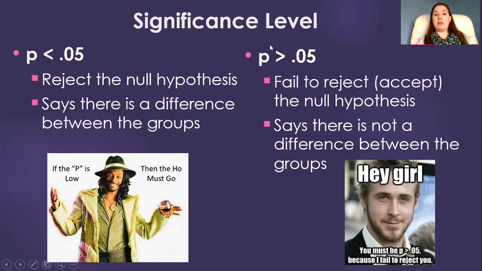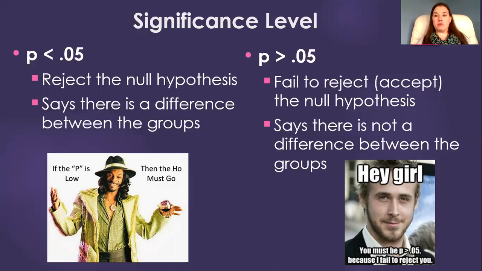Alternatively, our analysis might reveal that the p-value is greater than 0.05. If that happens, then we are failing to reject the null hypothesis. Fail to reject essentially means we're accepting the null hypothesis, but there's a lengthy explanation in statistics world about why we can never actually accept the null hypothesis, but only fail to reject it. We fail in our sample to find enough evidence that there is a difference.